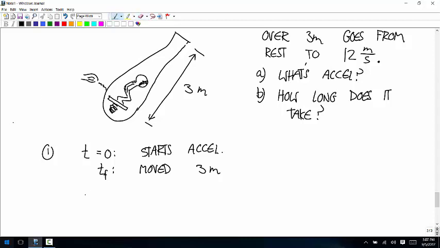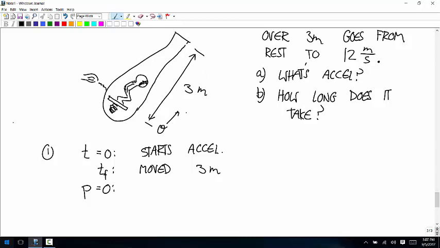And now the position equals 0. I'm going to do the same thing I did before. I'm going to choose my 0 position to be his position when time is equal to 0. And that means when he reaches the end of the cannon, what's the position there? If he's 3 meters in the positive, I didn't choose a positive direction yet.